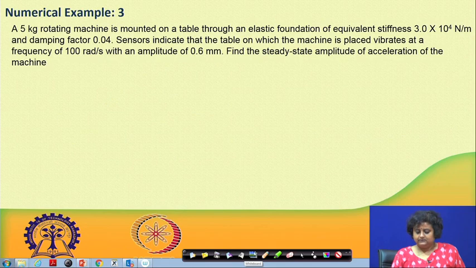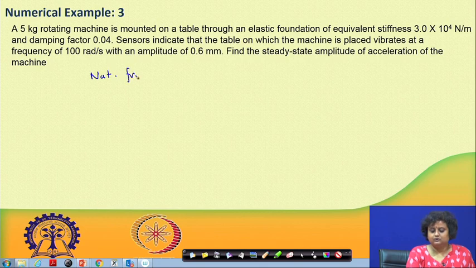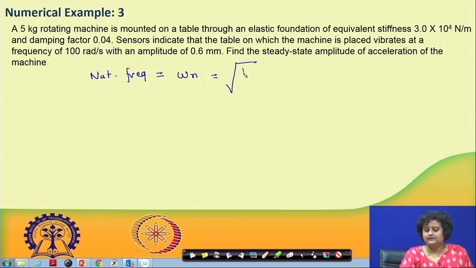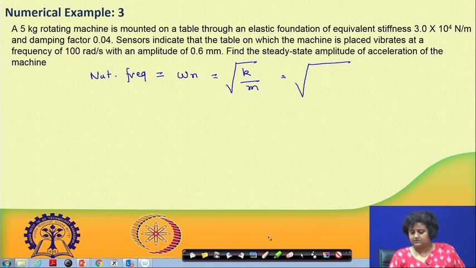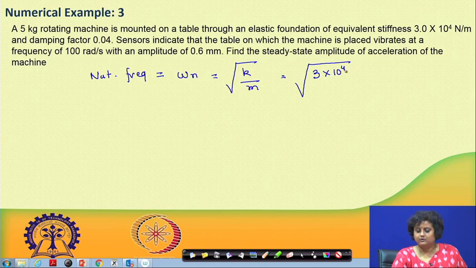So, what is the natural frequency of the system? The natural frequency is omega n, which is root over k by m, which is 3 into 10 to the power 4 by 5 kg.